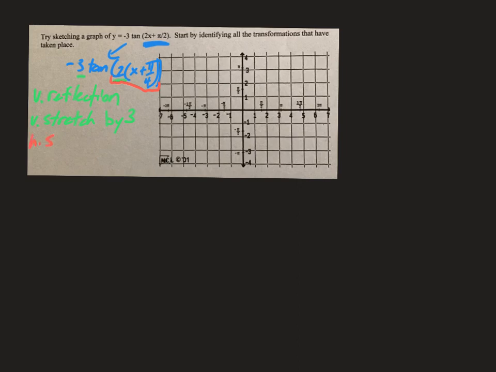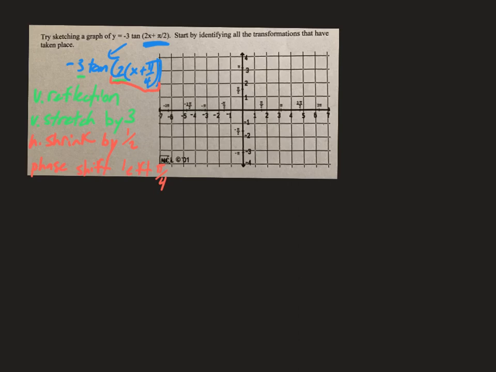That is a horizontal shrink, not a stretch, a shrink by, not 2, we're going to say by 1/2, right? I'm dividing by 2 instead. And finally, this pi over 4 is going to be a phase shift, and it is going to the left pi over 4. Okay, so those are my transformations.